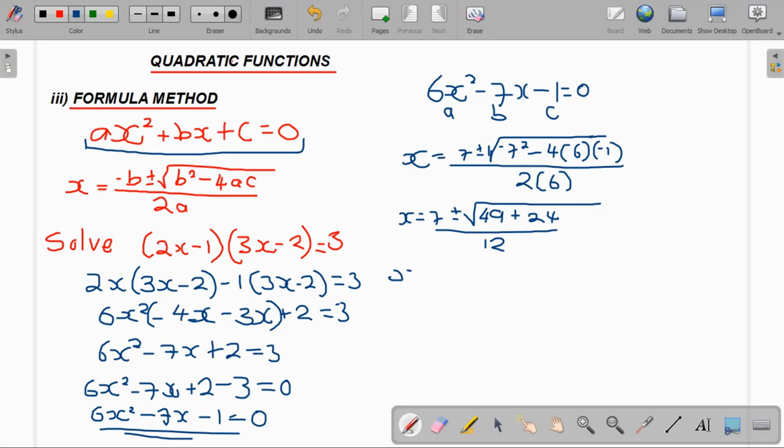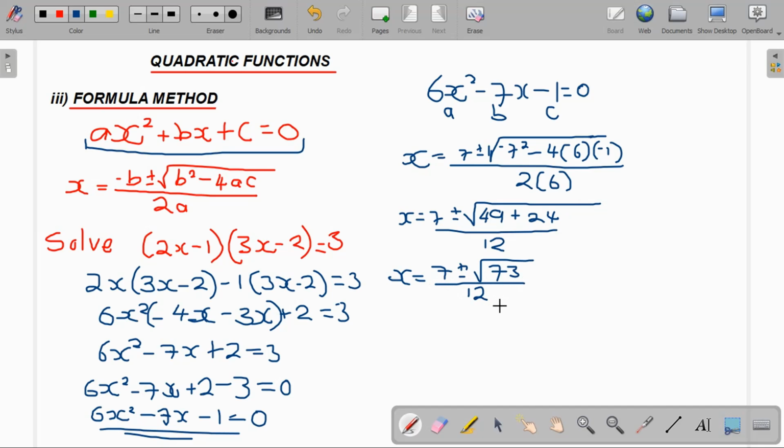And then we continue, we say x is equal to 7, then positive or negative the square root of 49 plus 24, it's 73, so we have 73 over 12.